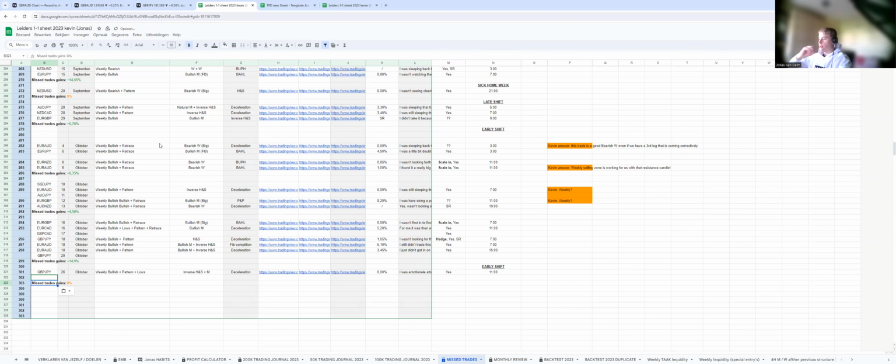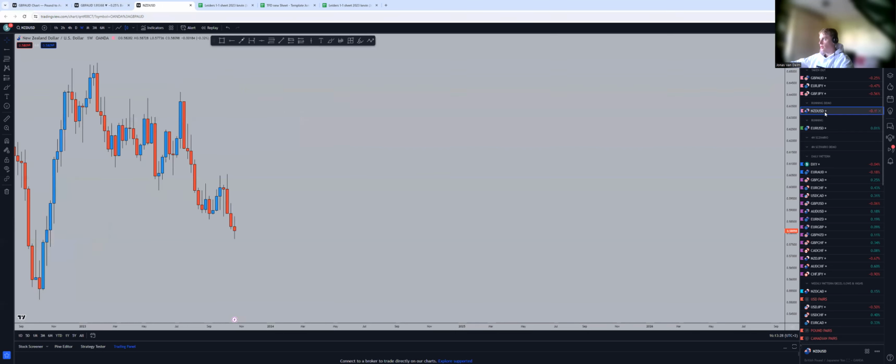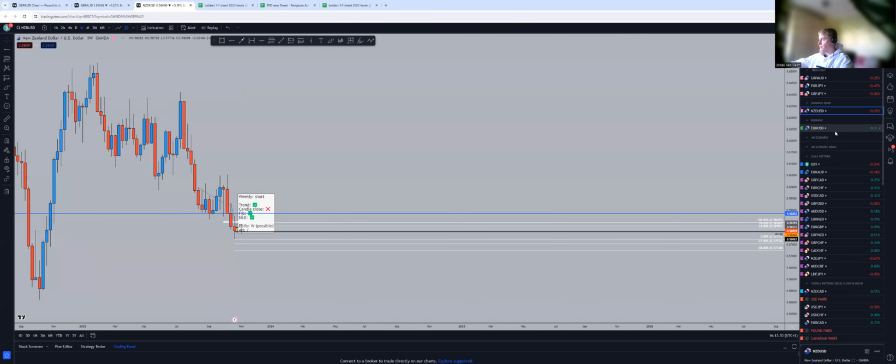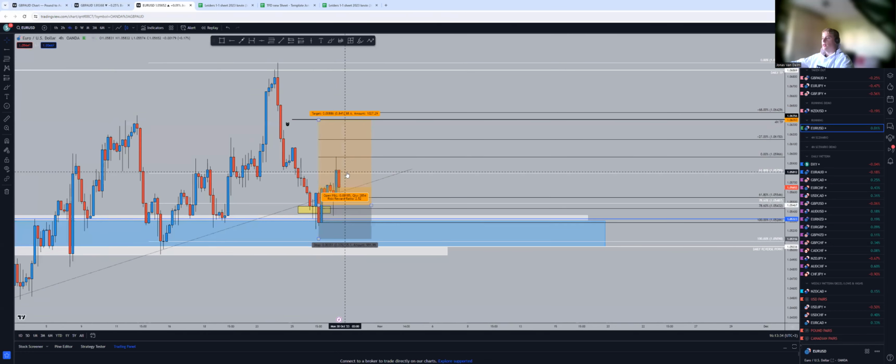So I will go over the missed trades now. I could potentially look over them, because I just placed it here on my missed trades taken out, so I knew, okay, I need to check. During the week I could potentially look over some trades. As Euro USD is still running, I don't need to place it in yet.